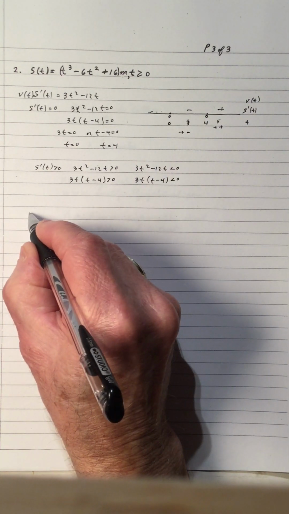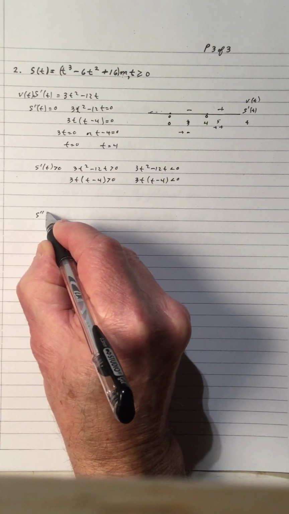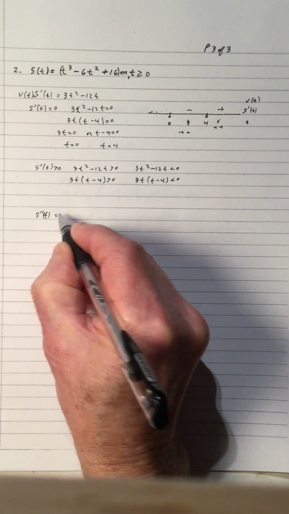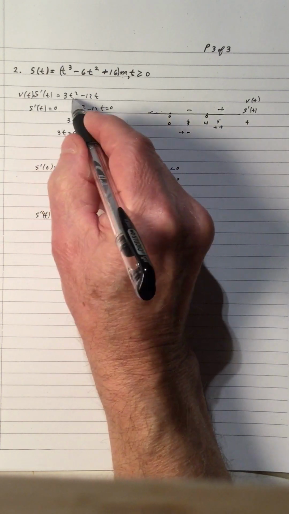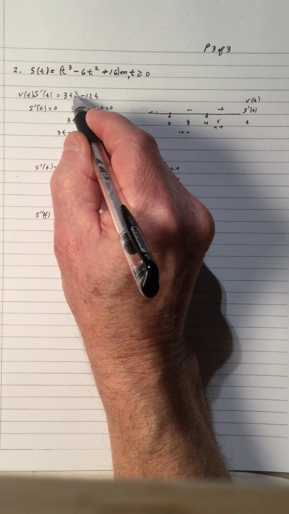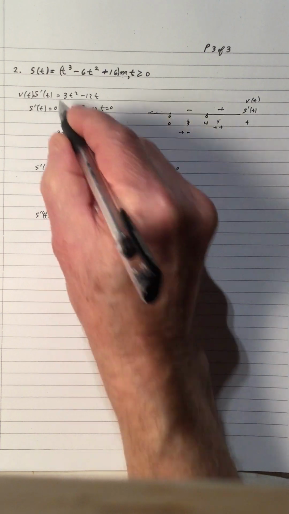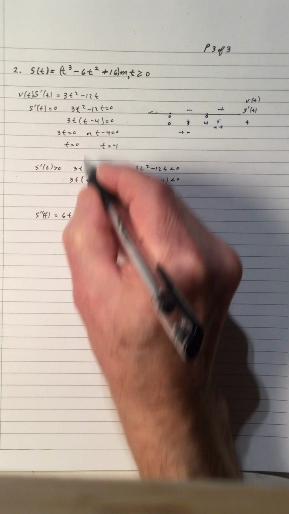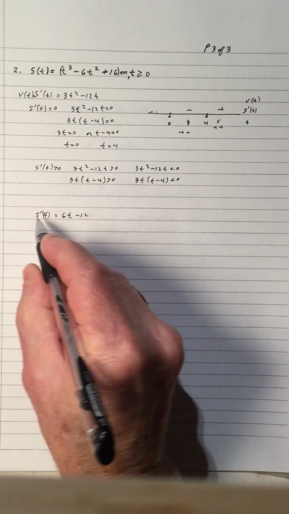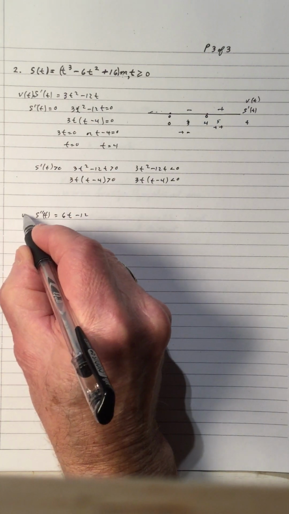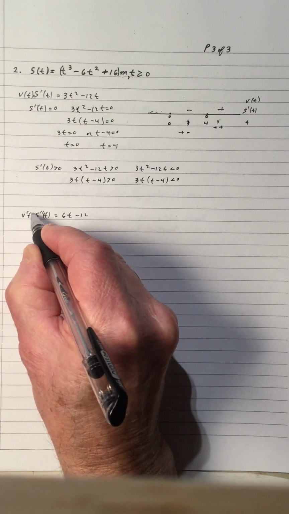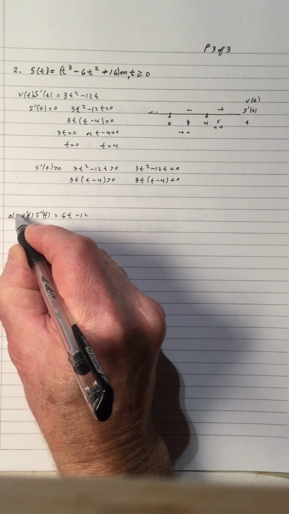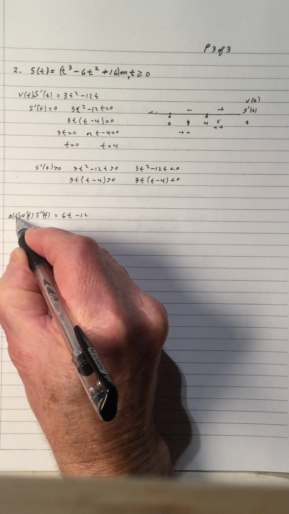So let's look at s double prime. That's the derivative of s prime. So the derivative of 3t squared is 6t, and the derivative of negative 12t is negative 12. So that's the derivative of your velocity, which is your acceleration, a.